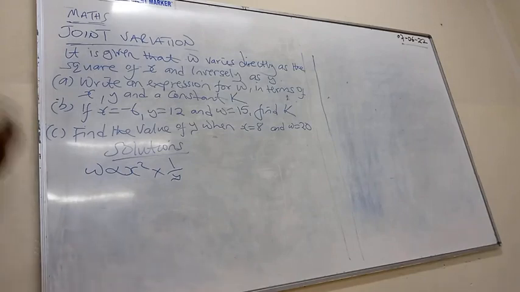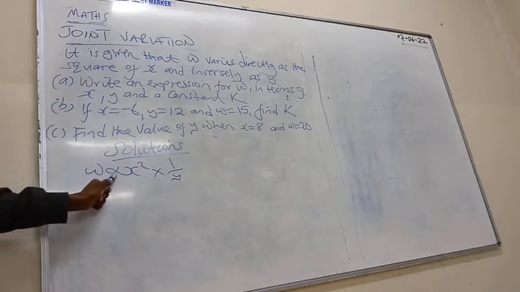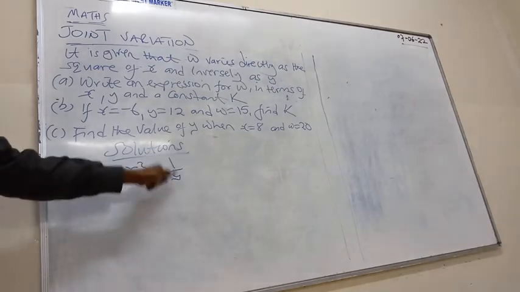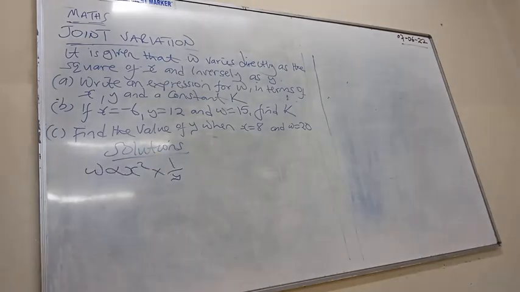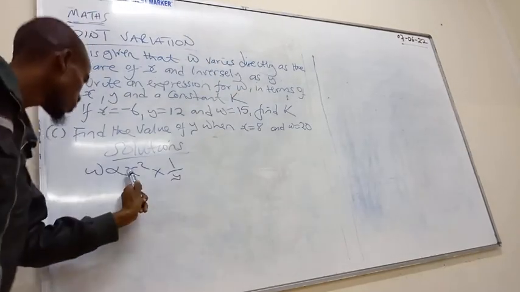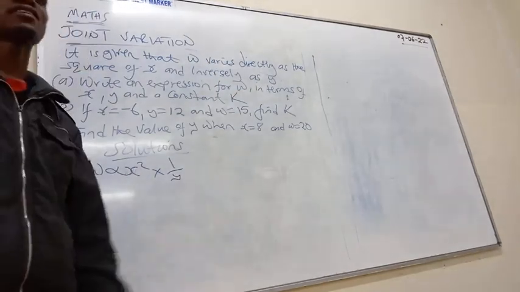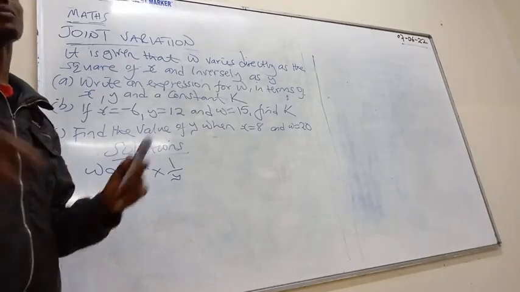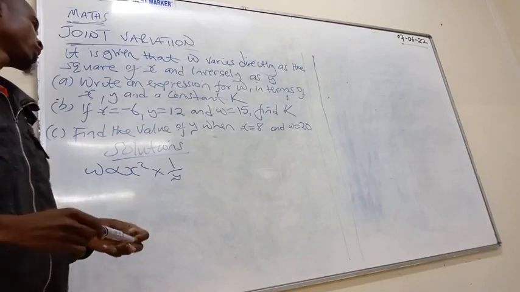It is given that W varies directly as the square of x and inversely as y. So there are times whereby they will start with inversely, then directly. Please, it means this one will come first, this one later. Though in the actual sense, even if you swap them, they will be the same because multiplication is commutative.